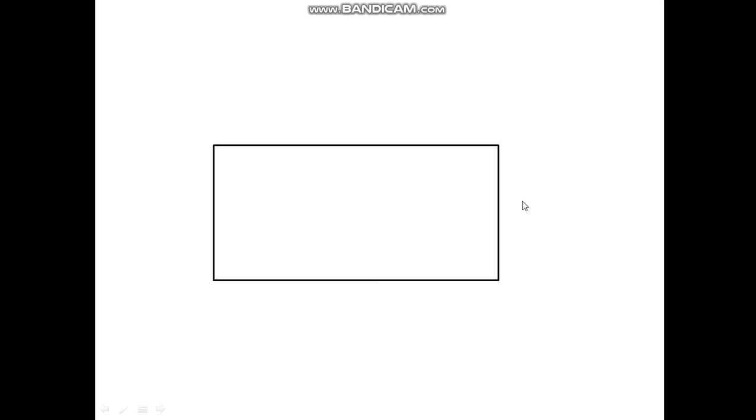How to draw lines of symmetry for this? Here you can see a rectangle has 4 sides, an even number of sides. The possible way to draw lines of symmetry is from here, dividing the given rectangle into 2 equal parts. Again from here. That is 2 lines of symmetry we can draw.